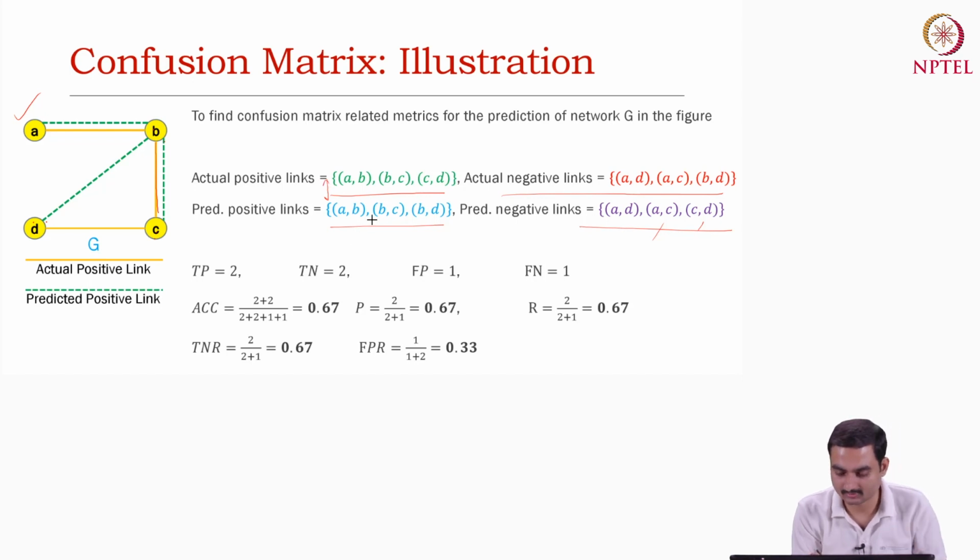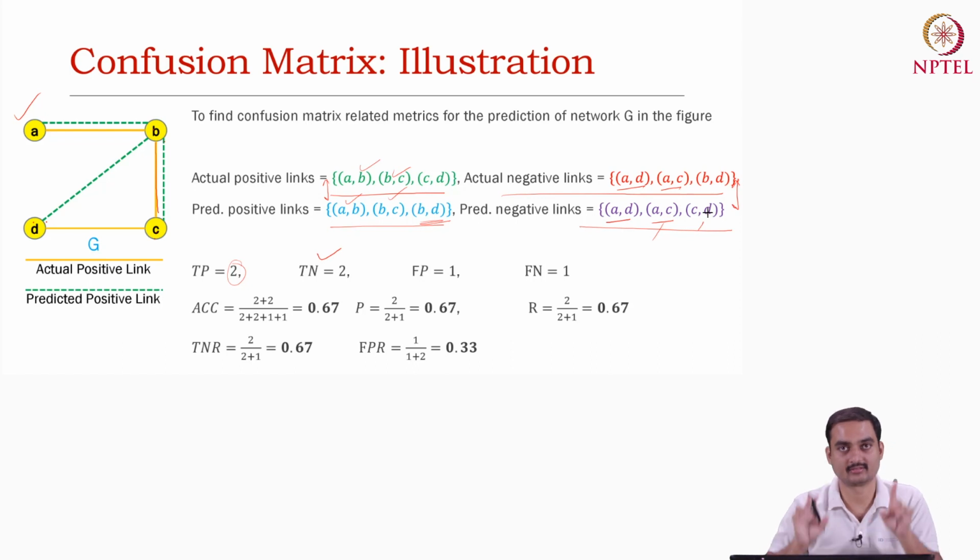True positive would be AB and BC. So, true positive is 2. How many of them are false positive? Only one, this one. How many of them are true negative? Let us compare these two sets: AD, AC. So, 2 of them are true negative, and how many of them are false negative? 1.